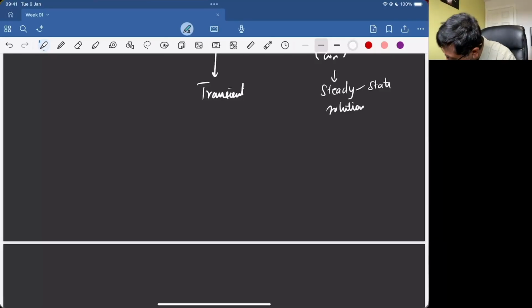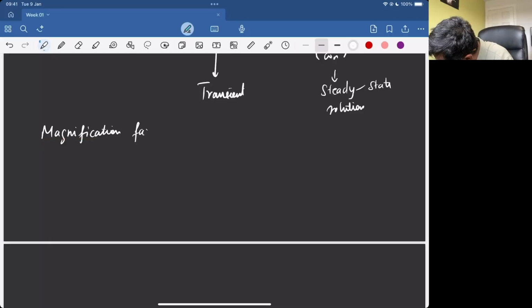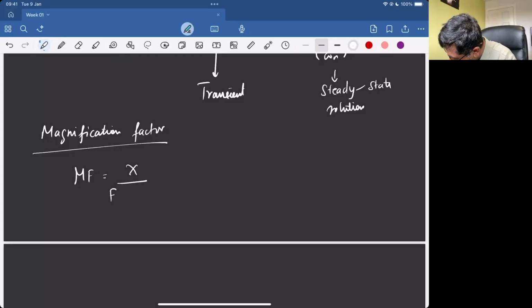So if we were to plot our magnification factor, let's say MF is nothing but the amplitude of vibration divided by F naught by K, or we said this is nothing but 1 minus omega naught by omega n whole square.